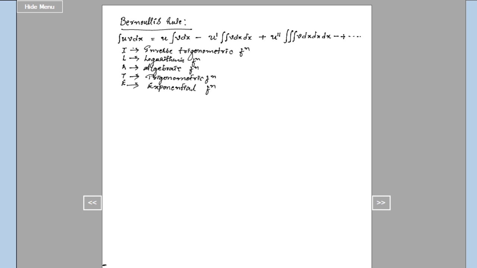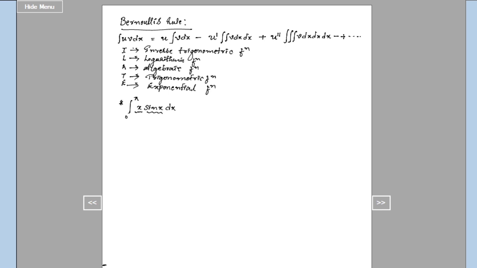Let us consider the first example, that is the integral from 0 to pi of x sin x dx. In this, x is an algebraic function and sin x is a trigonometric function.